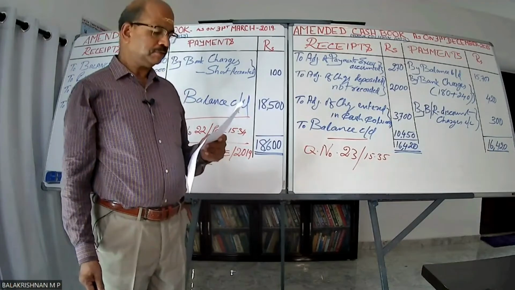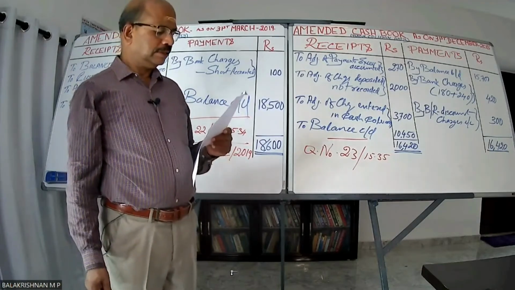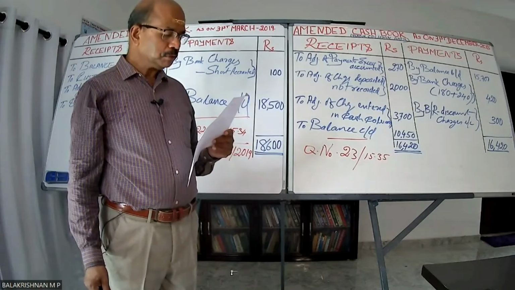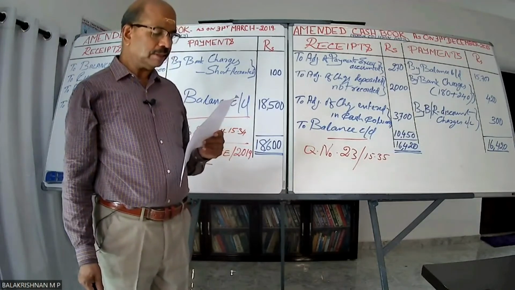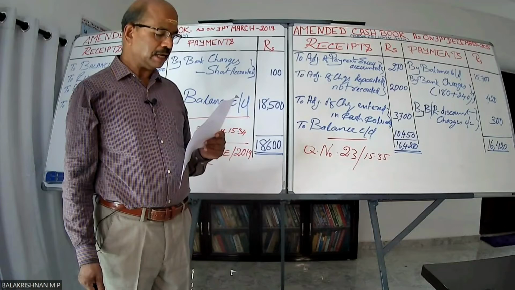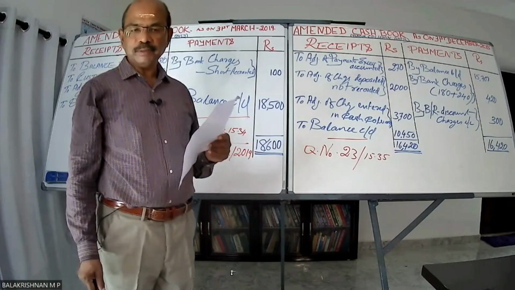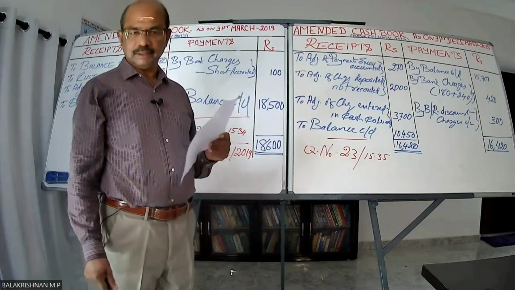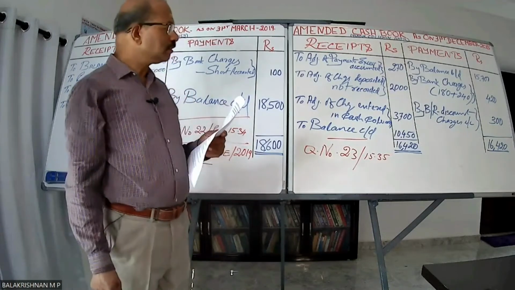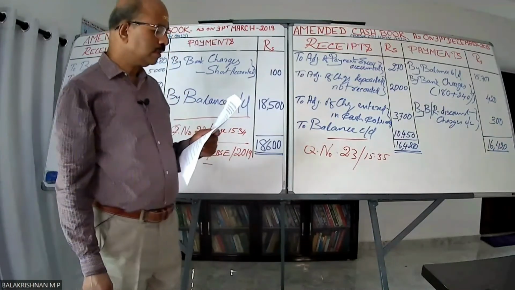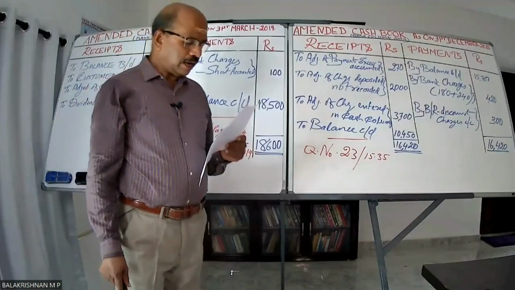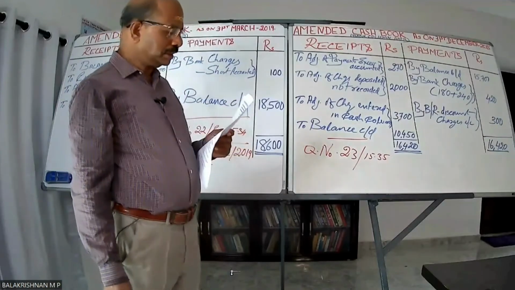Okay, next one. A check of rupees 4,250 issued to a creditor has been entered in the cash book as 4,520. Well, it very much has to be accommodated here in the amended cash book. It's a question of an amount. How much is the difference here?